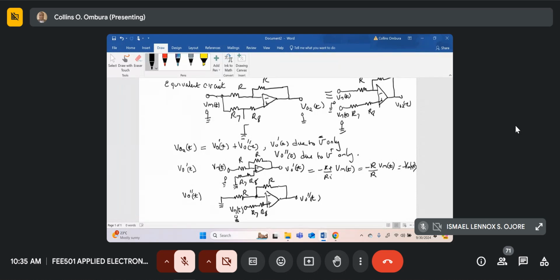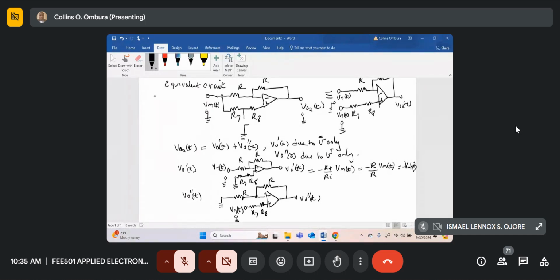And that voltage Vm of t, because of the behavior of the op-amp and its high gain, the voltage at the positive input is identical to the voltage at the negative input.